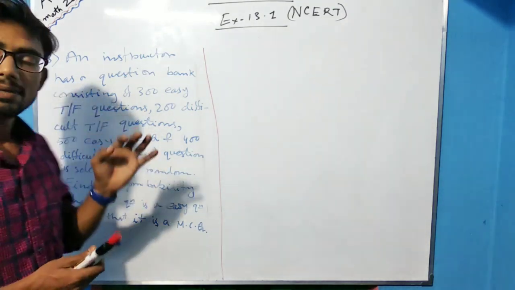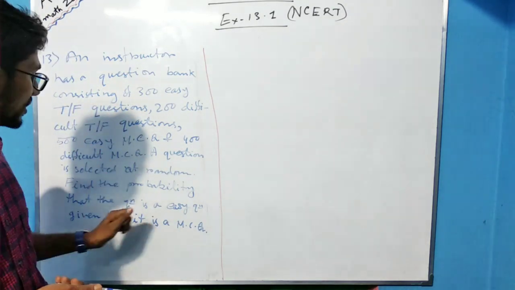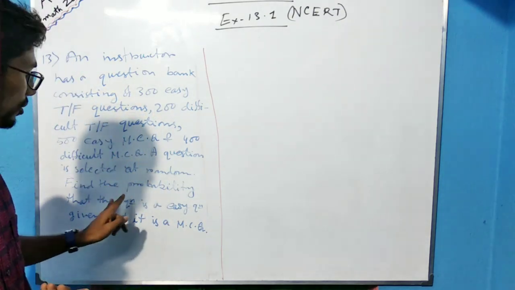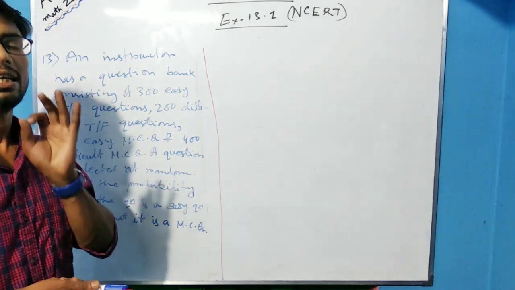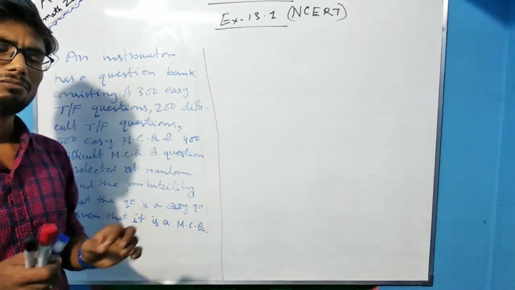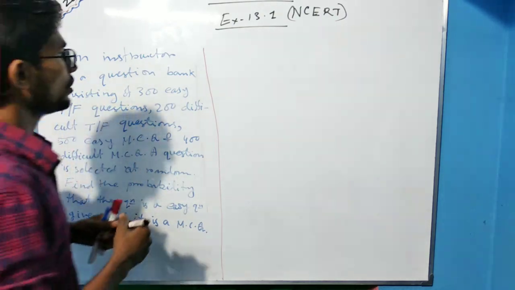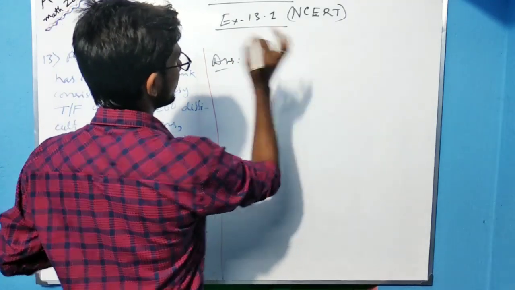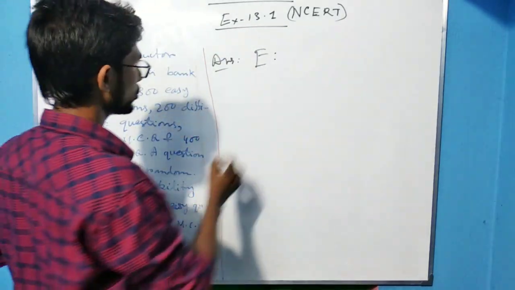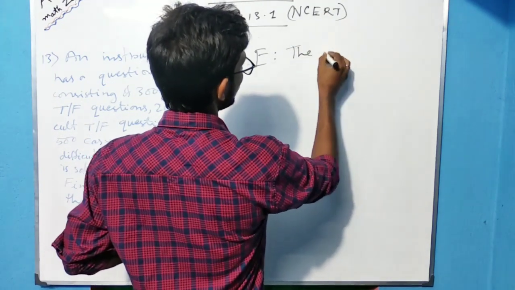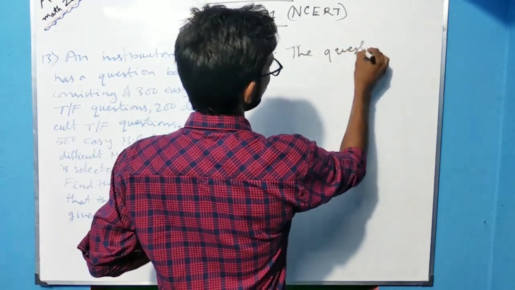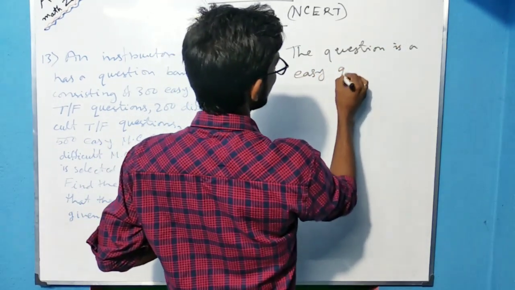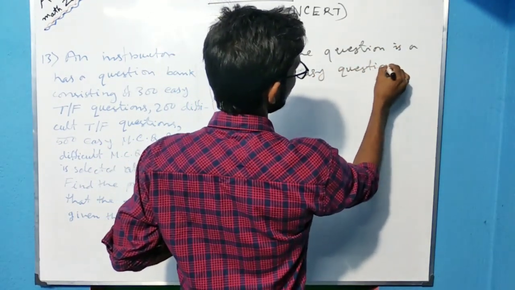So ultimately we have to find the probability of getting an easy question under the condition that the question is a multiple choice question, right? So answer: let E be the event that the question is an easy question, right?